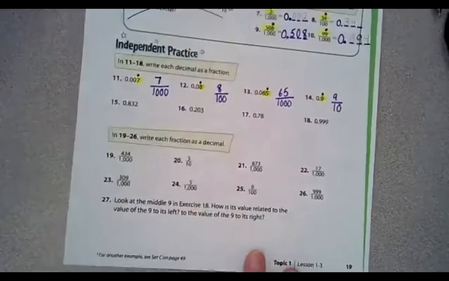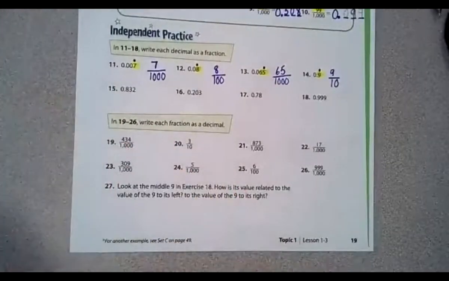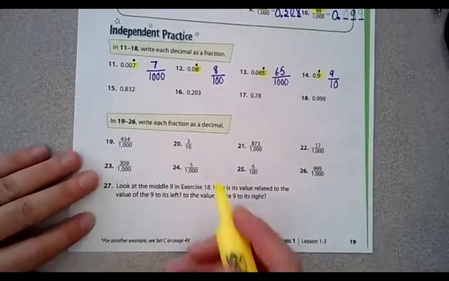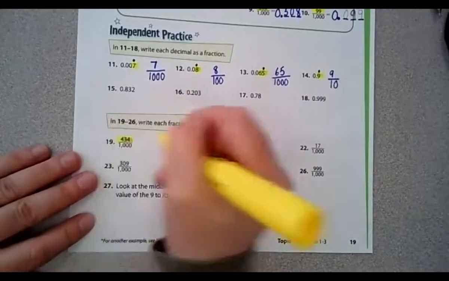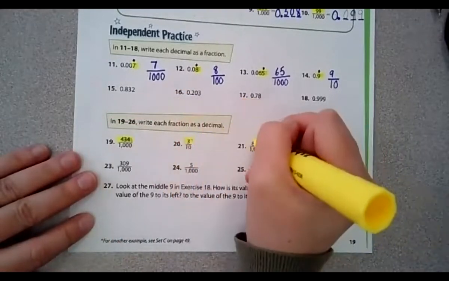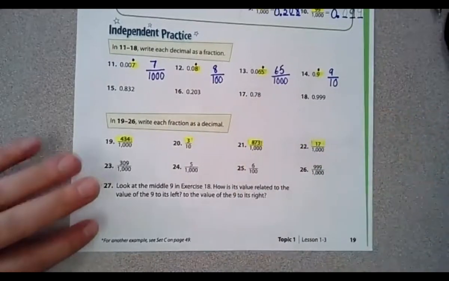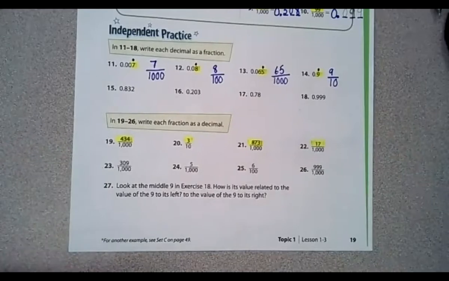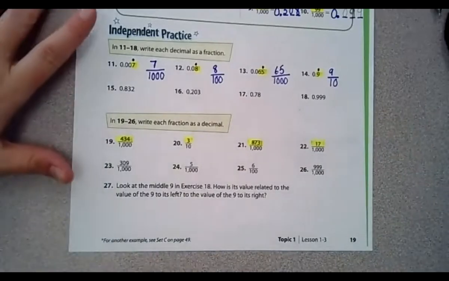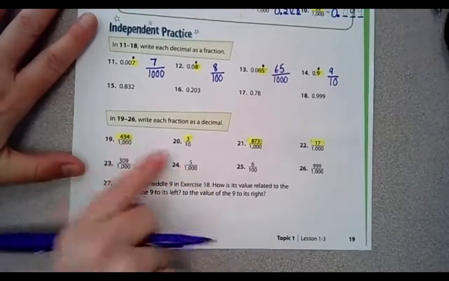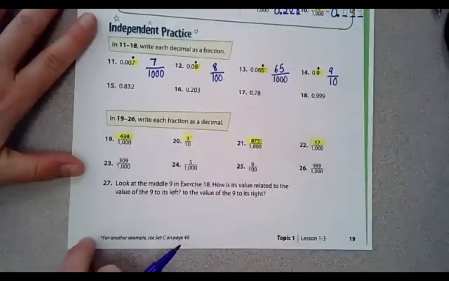Let's move on down here to number 19. So you're going to highlight just what you're going to say out loud. So 434, 3, 873, and 17. Then you're going to go through and put a dot over top of the number that's all the way to the right in each one of these.